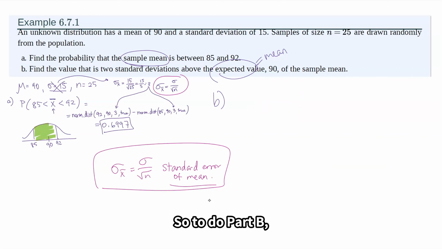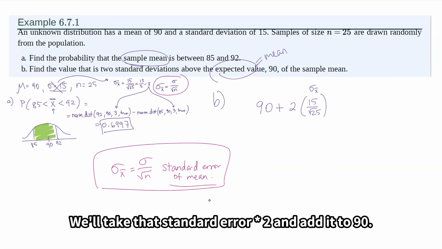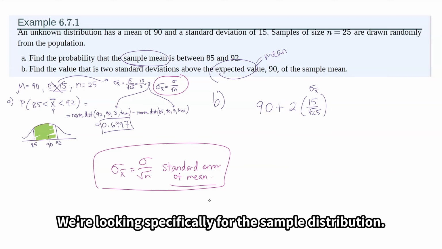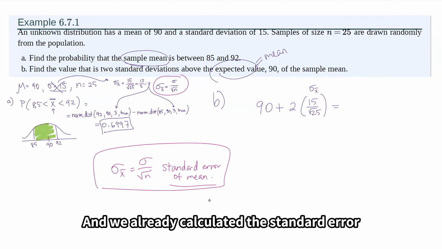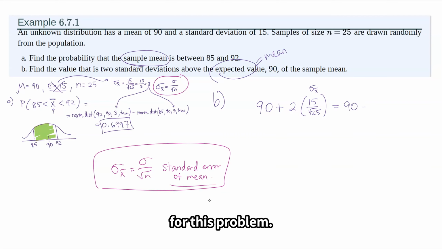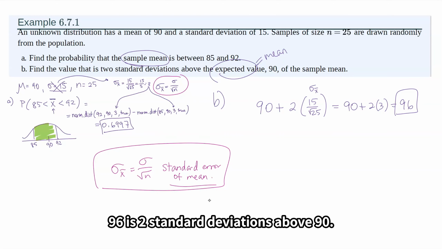So to do part B, 2 standard deviations above the expected value, 90, we'll take that standard error, we'll multiply it by 2 and add it to 90. We're looking specifically for the sample distribution, so that's why we want that standard error for the sample distribution. And we already calculated the standard error for this problem. It's 3. So 90 plus 2 times 3 gives us 96. 96 is 2 standard deviations above 90.